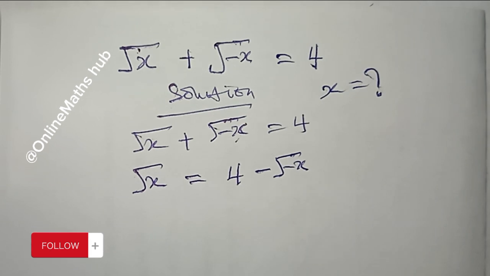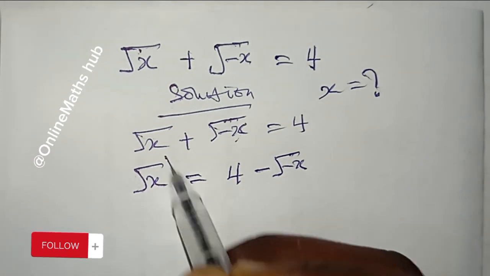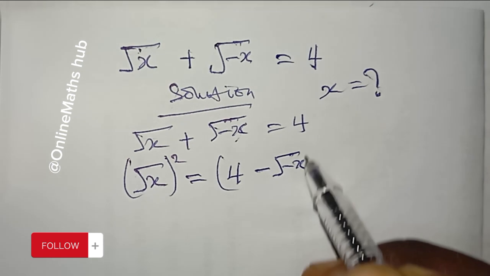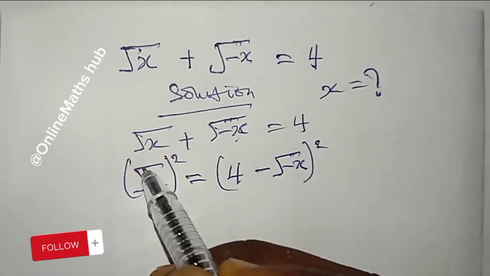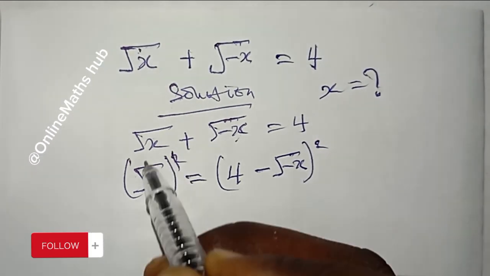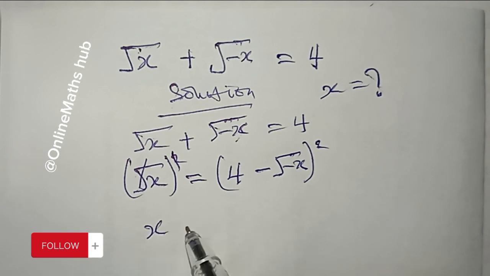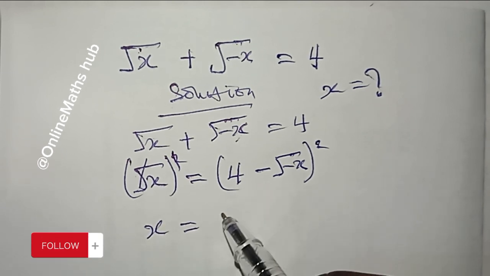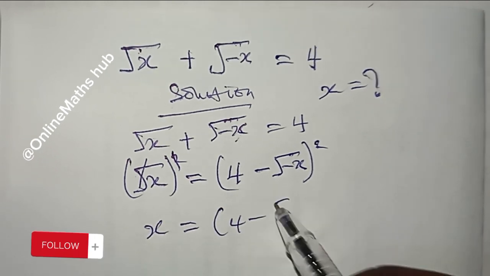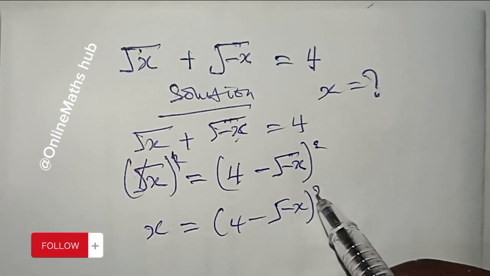The next thing I want to do is take the square of both sides so that I can remove this root over here. So this will cancel this, and then x is equal to 4 minus root negative x, squared.